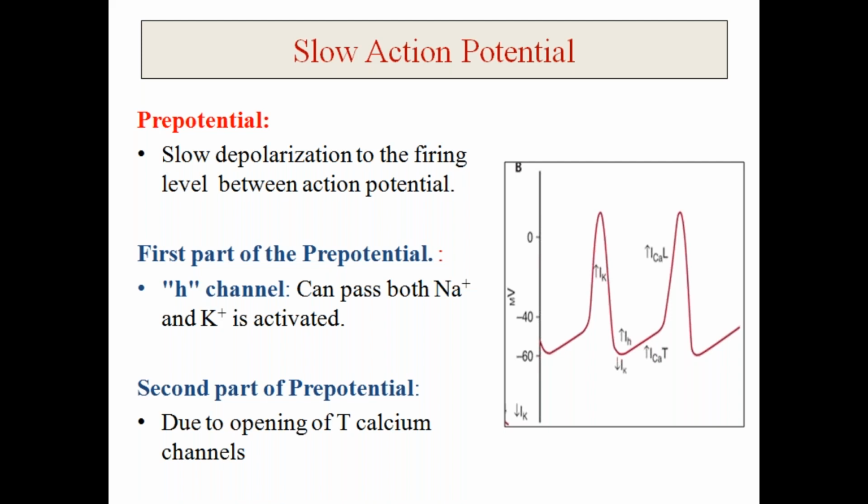Along with this H channel, another positively charged ion channel opens, and that is your calcium channel, the transient calcium channel. Because of the opening of the transient calcium channel, the membrane potential starts getting more depolarized, and slowly drifts to the firing level of -40.